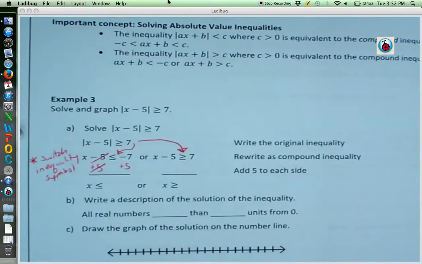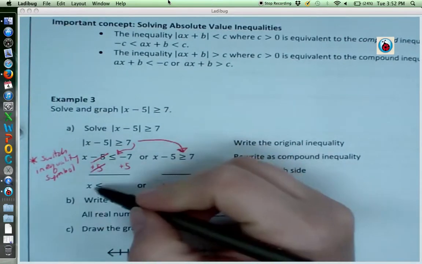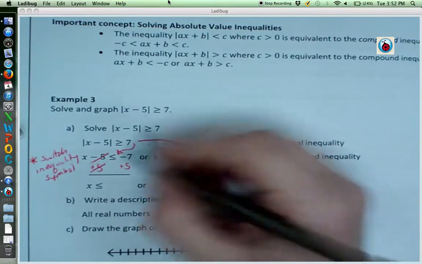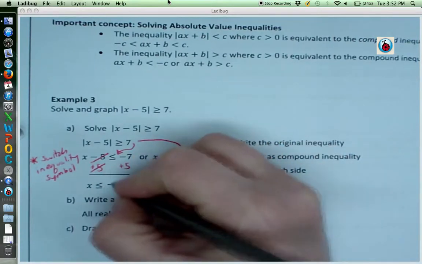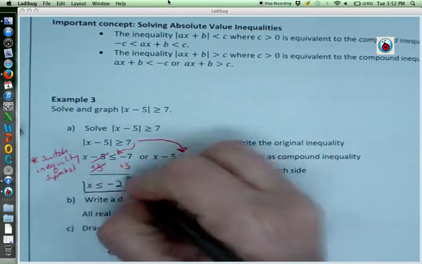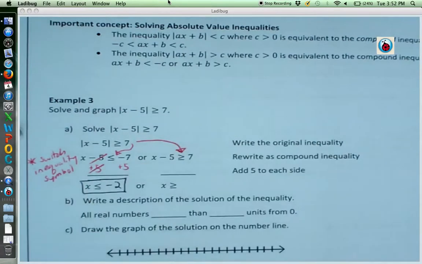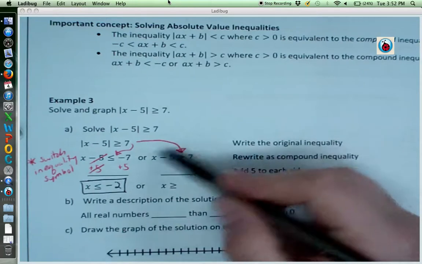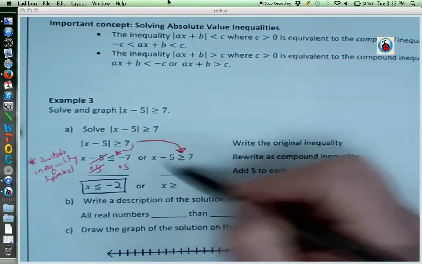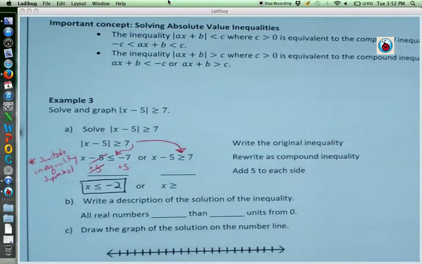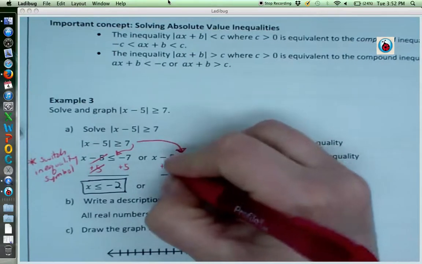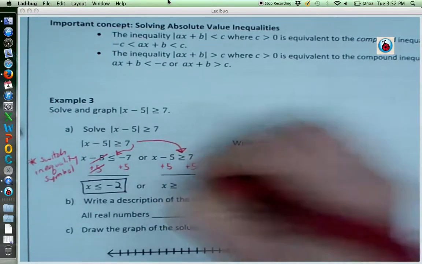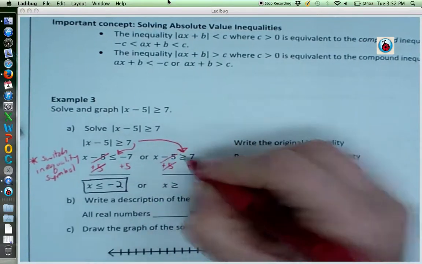To cancel the minus 5, I end up with x is less than or equal to negative 7 plus 5 is negative 2. And there's part of my answer. The other part of my answer I'm going to find from solving this inequality. I'll solve this also by adding 5 to each side to cancel the minus 5. So add 5 to each side of this inequality symbol.